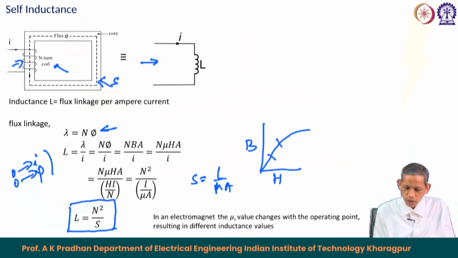Different regions will have different mu r values. Therefore, the corresponding S value changes and the corresponding inductance value also changes in the different operating regions of the magnetic circuit.